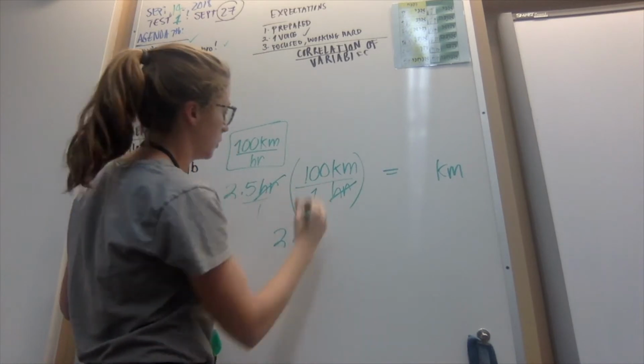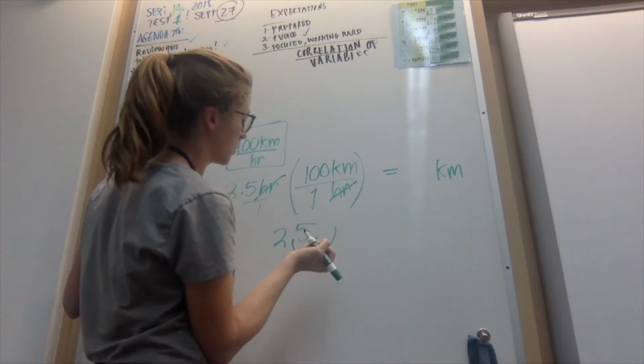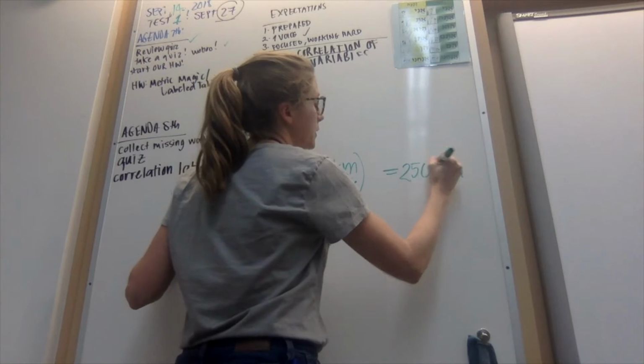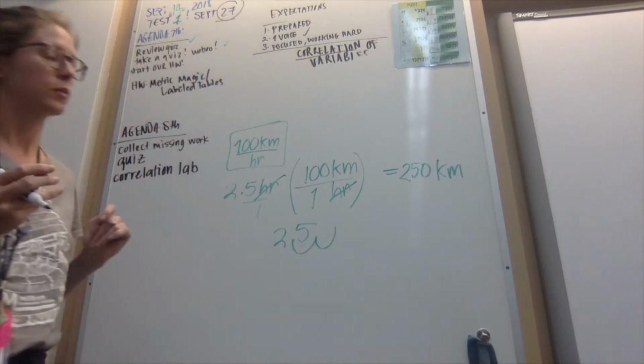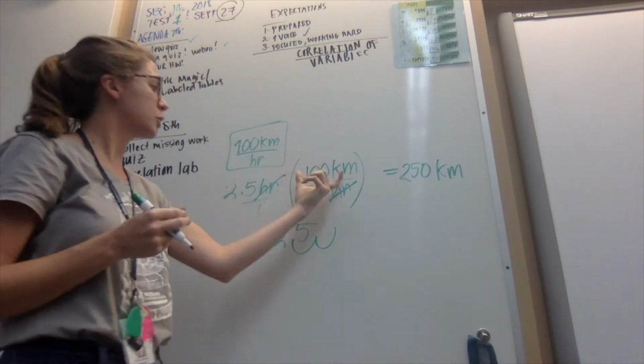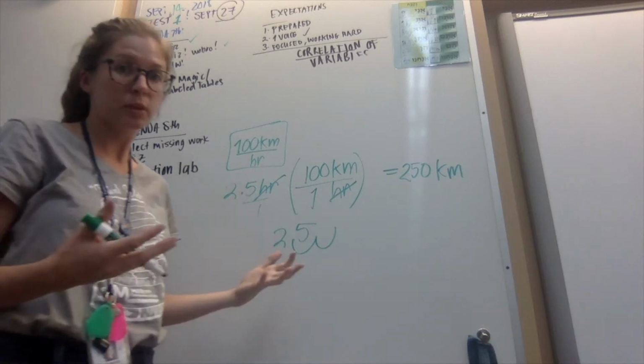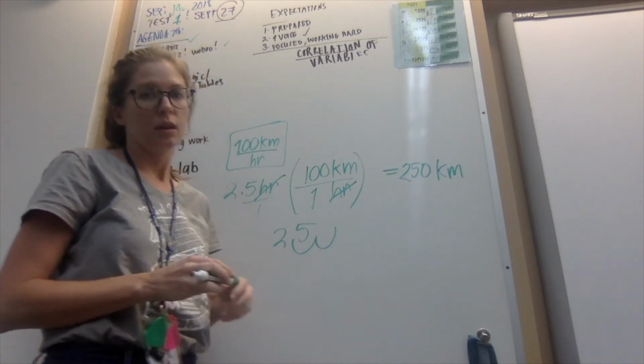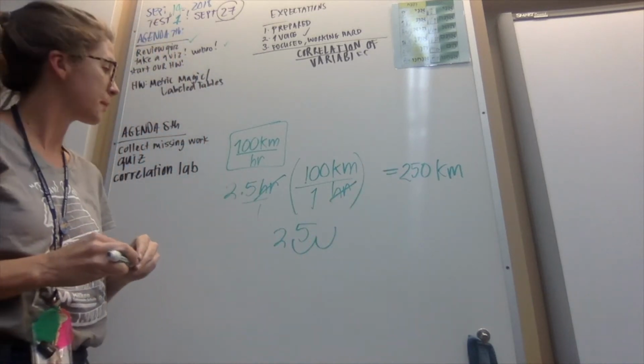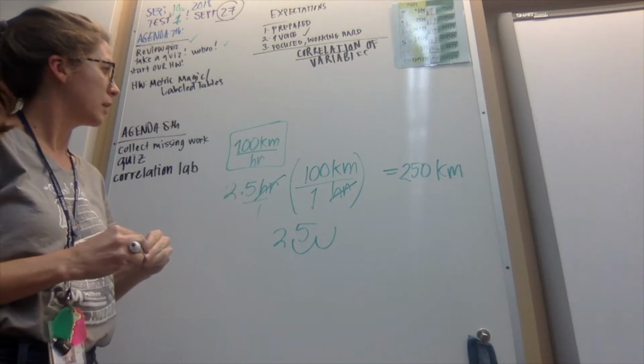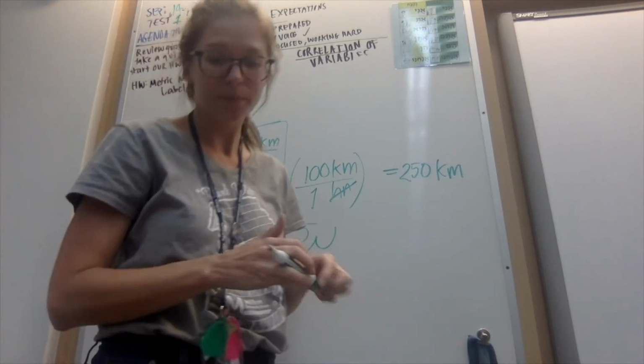So 2.5, the decimal point is going to move 2 spaces to the right. So that's 250 kilometers, right? 100 makes 2.5 100 times larger than itself. And so that is 250 kilometers. Okay. Cool.